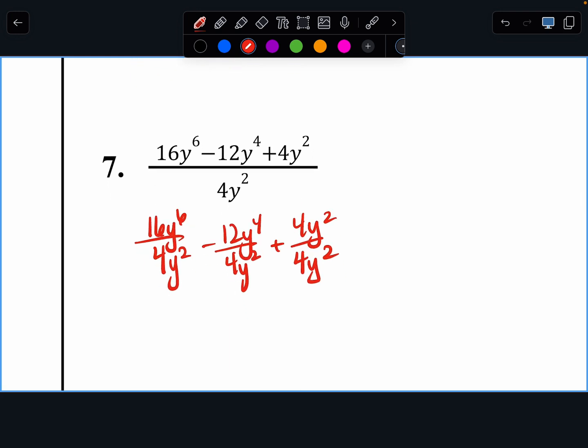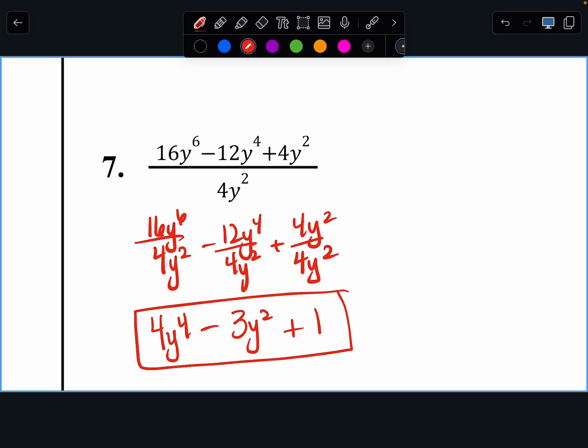So then you go through and say 16 divided by 4 is 4. Y6 minus Y2 is Y4. 3 Y2 plus 1.